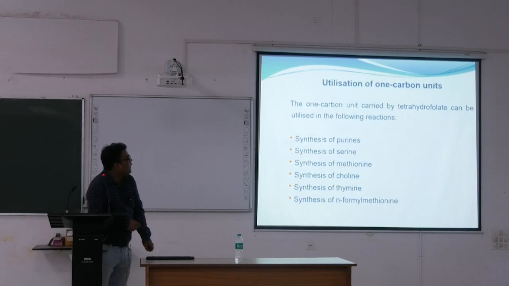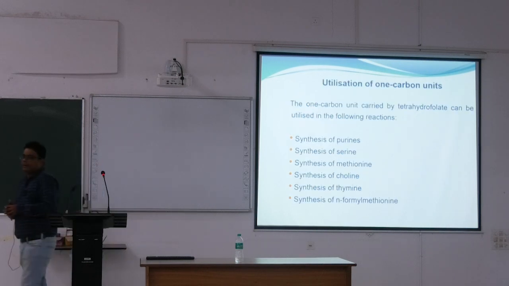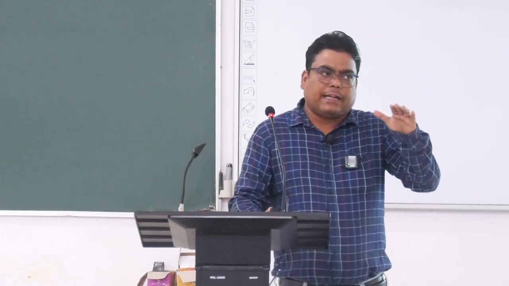Now, utilization of one carbon units: tetrahydrofolate can transfer one carbon units, be it methylene, formic acid, or another one carbon moiety. This is directly the significance of this vitamin. If the question asks you to write about the functions of vitamin B9, then you will write this. It is helpful for the synthesis of purines.